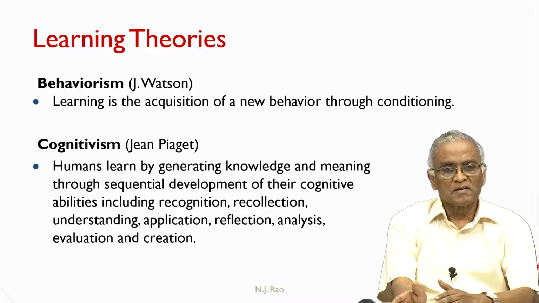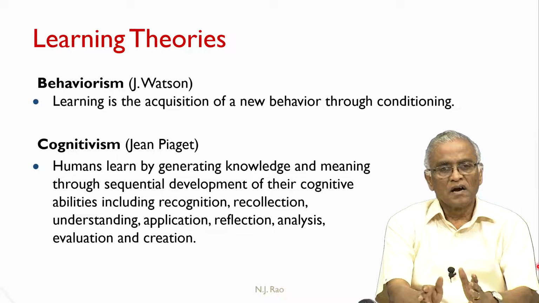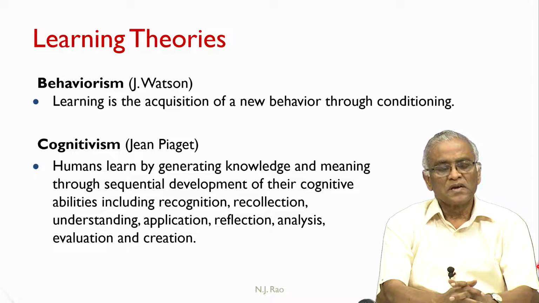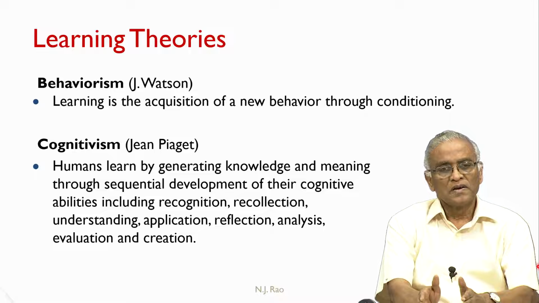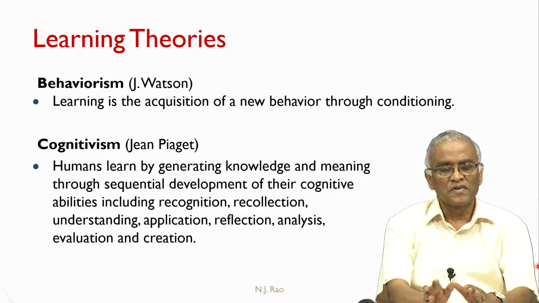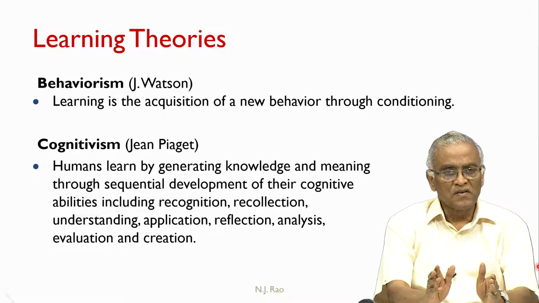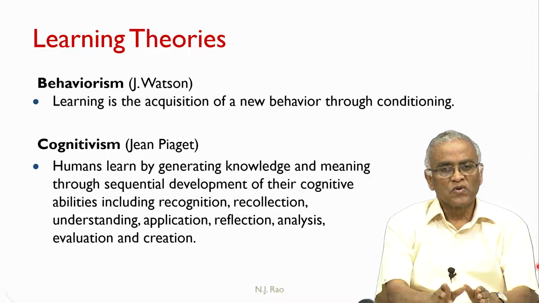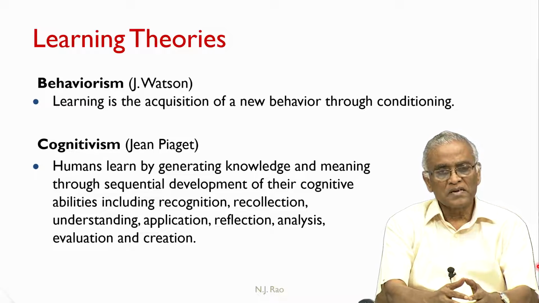So this school believes that by controlling the sequence of stimuli and associating a reward and punishment type of mechanism with that, I can influence the learning. That is why conditioning by reward and punishment is the central approach of behaviorism, and it has been practiced heavily.